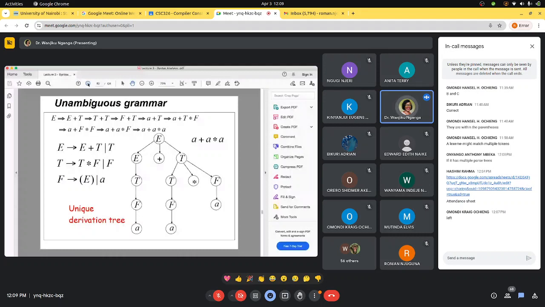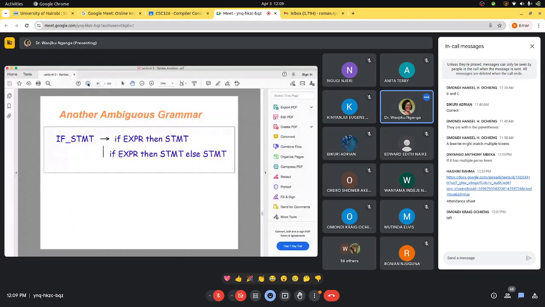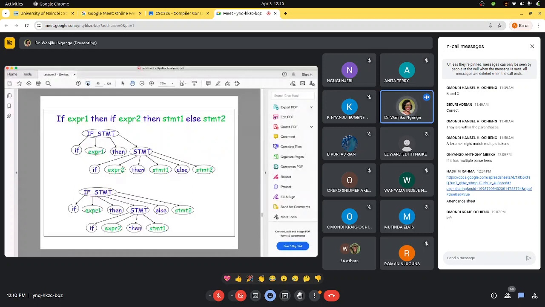So this is an example of an if statement. An if statement can be written either as if expression then statement, or if expression then statement else statement. This is also an example I pulled from the year 2 slides, that it can give us those two different trees. And I want somebody to tell us what is the problem with this.